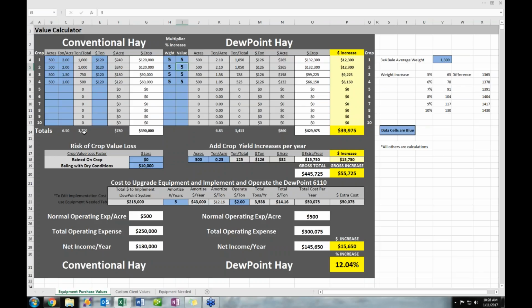So if we could even get 2/3 of our total production, that'd be just over 2,000 tons. It's a little better than half. That would be fantastic if we could get the greater portion of our tonnage to be supreme quality hay.